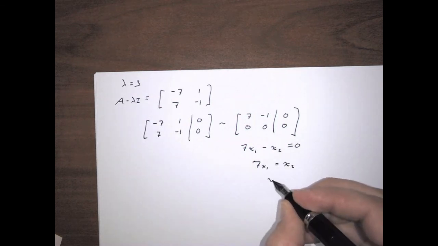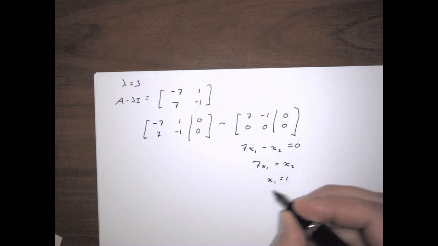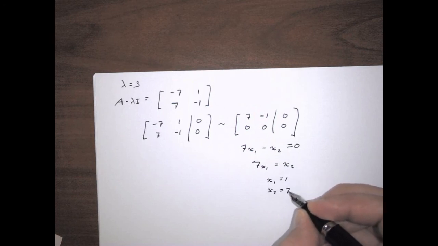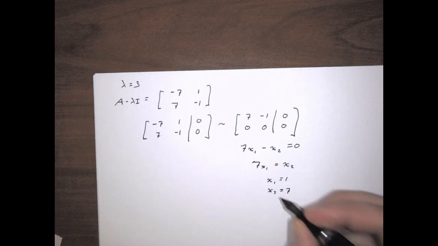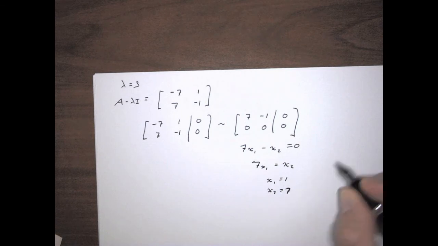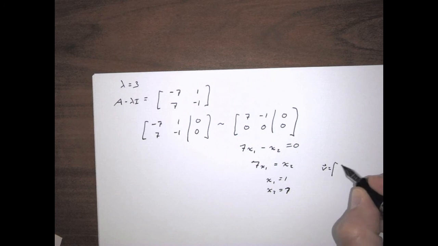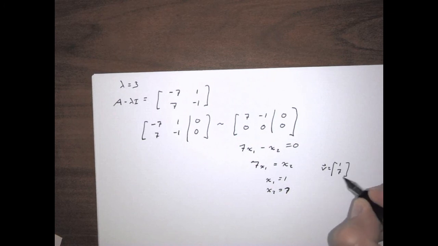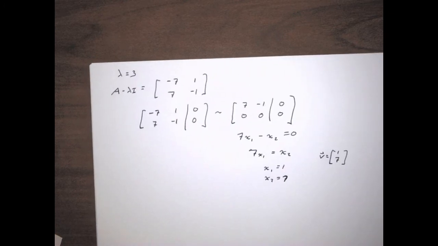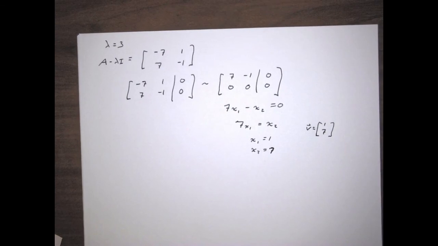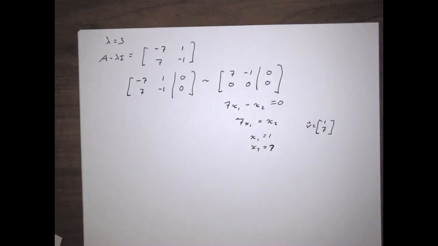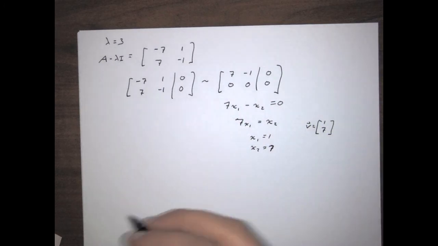So a possible solution here could be x1 equals 1, x2 equals 7. That would work. And so then a v of 1, 7 would do the trick. And here, this is not by any means unique. We could just as easily have given it a different value.